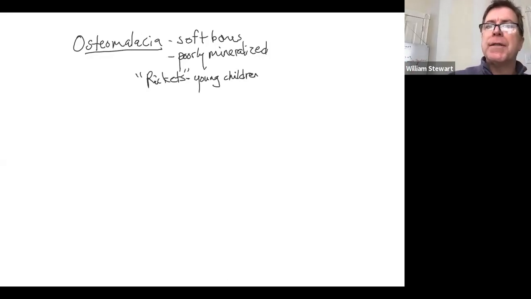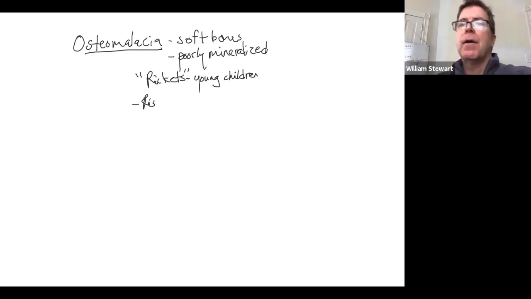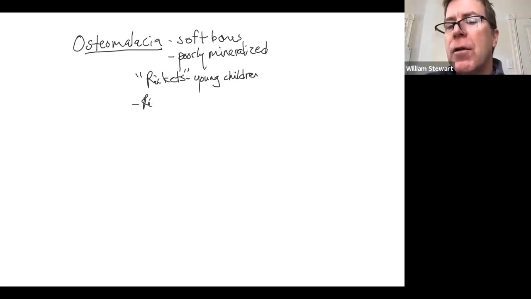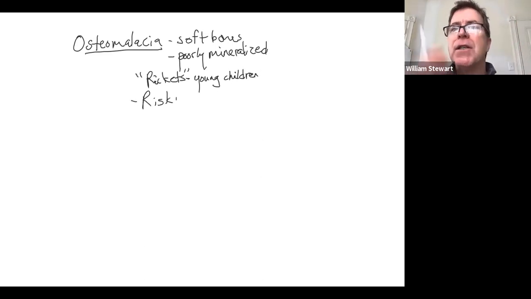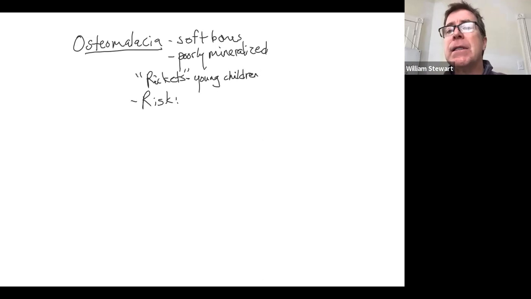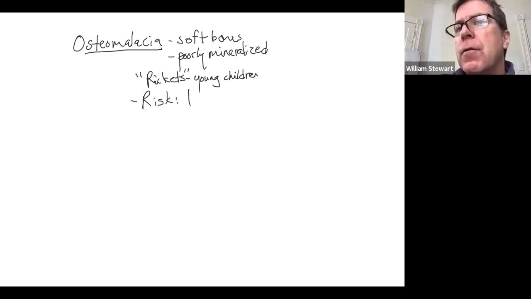So I'm going to put risk factors. Sorry, I'm trying to write on a very vertical glass board with a plastic pen. The risk factors for osteomalacia or rickets are insufficient calcium in the diet or lack of vitamin D. So too little calcium that we get from our diet, and also decreased vitamin D3.